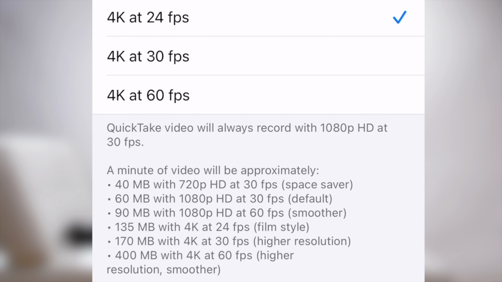So if you're shooting in 4K at 24 frames per second, it will take 135 megabytes for every minute of video recorded. If you shoot 4K at 60 frames per second, it will take 400 megabytes for every minute recorded. So this is something you have to consider.